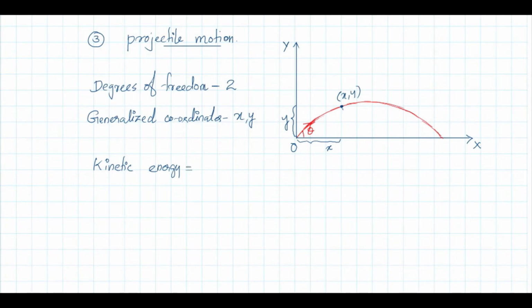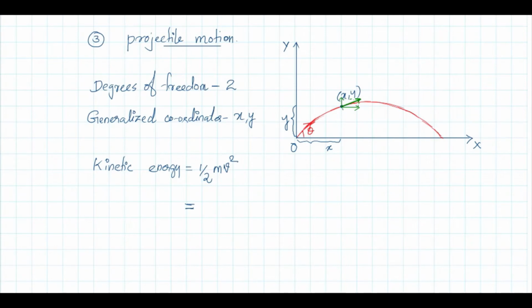So kinetic energy is as usual half mv square. Now this velocity, if I mark that velocity, it will be tangential to the path. We can split this into two components, one along x direction and one along y direction. While splitting it into components, you should be careful that this obeys the parallelogram law.